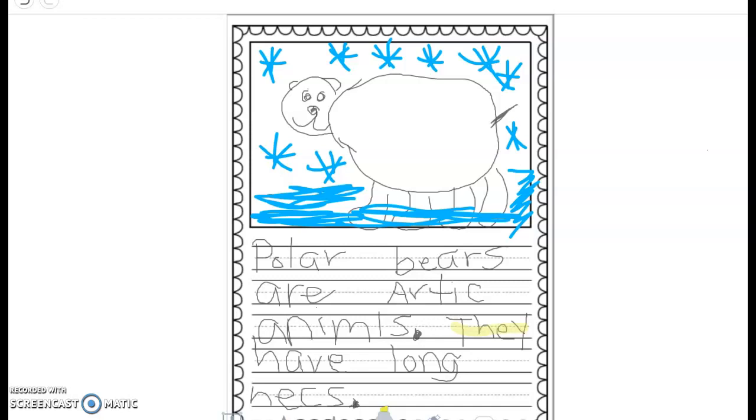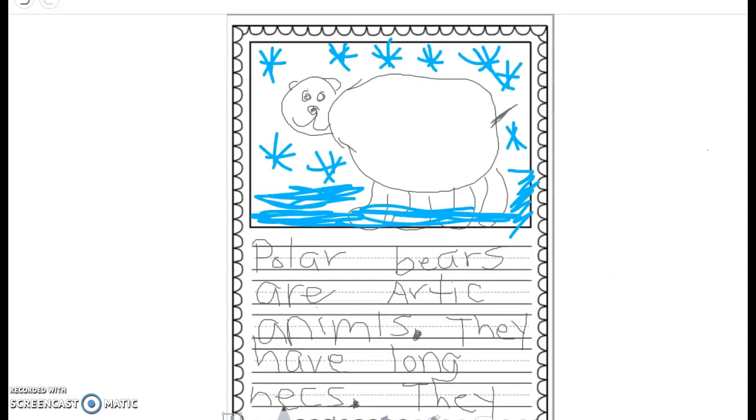So all I need to do is just copy it again. I'm going to go ahead and leave some space and copy the word they. And I'm going to do a capital T again because I'm starting a new sentence. So T-H-E-Y. They. Now I really have no more room. So I'm going to my second page.